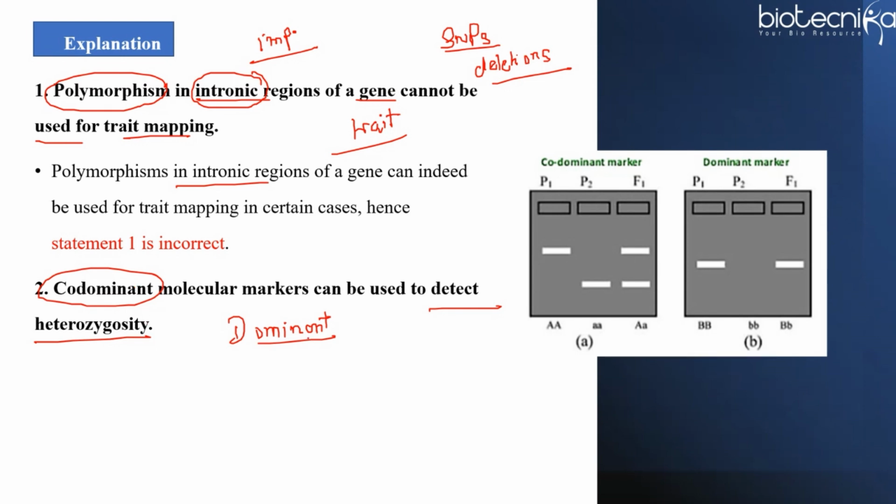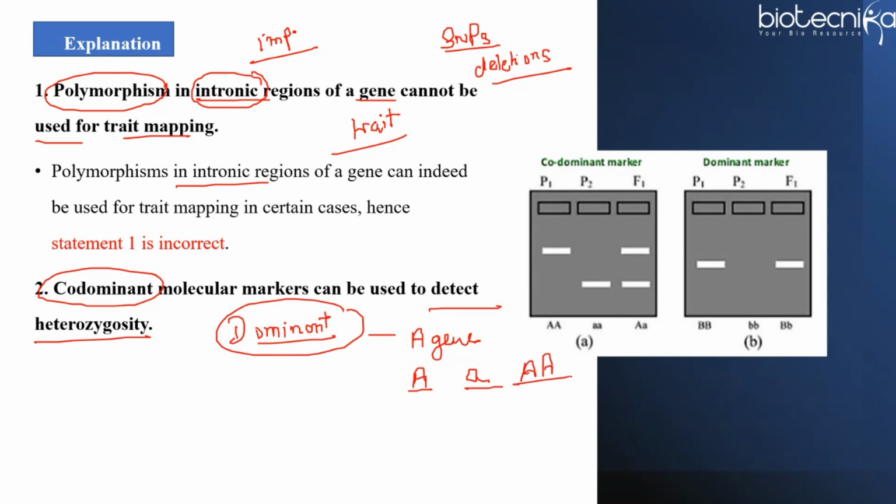However, dominant markers only tell you about the dominant allele. For example, if we are talking about gene A, it can have two alleles. According to Mendel's concept, one is dominant, which we express with an uppercase letter, and the other, the recessive allele, which we express with a lowercase letter.